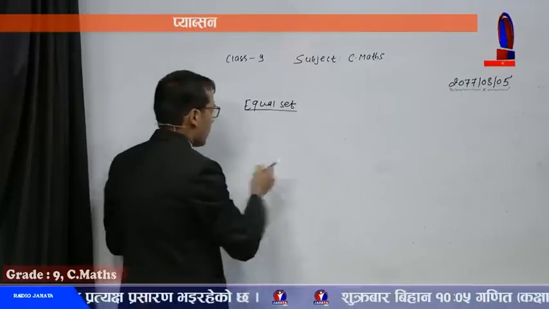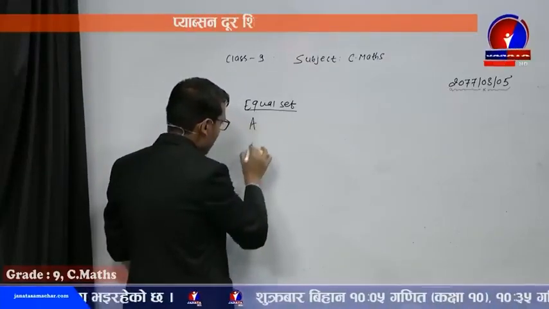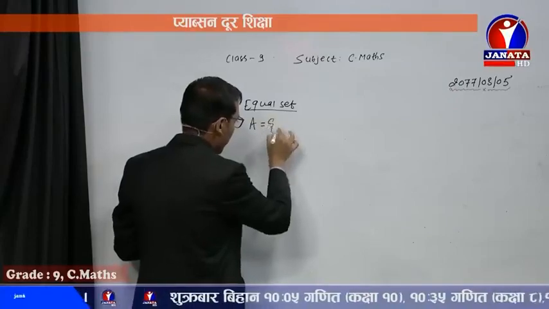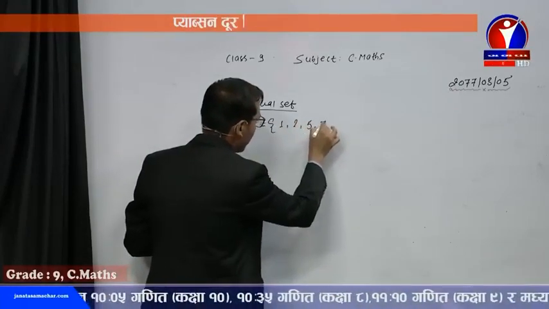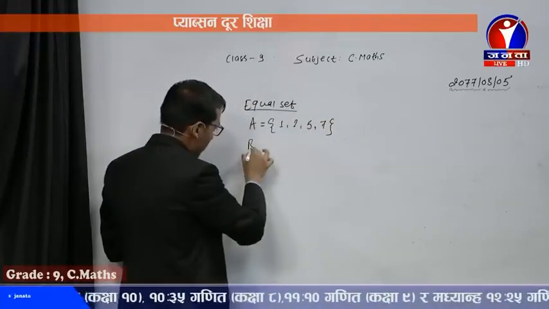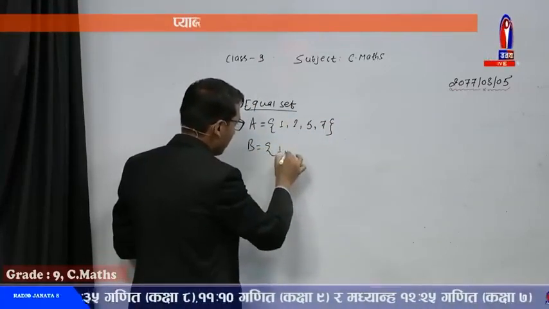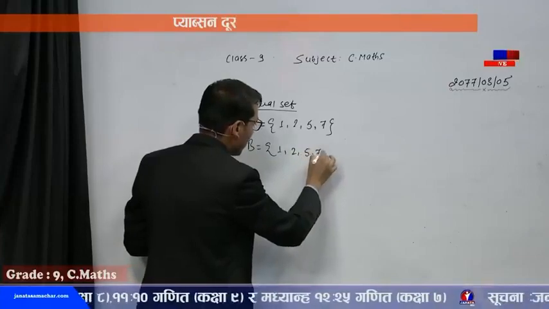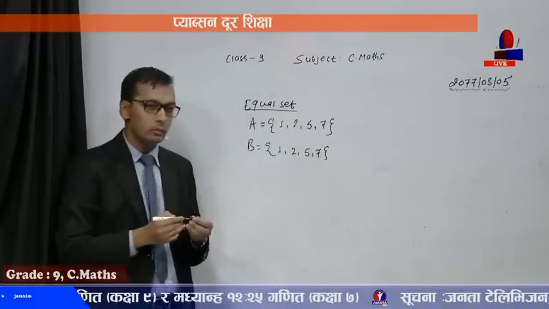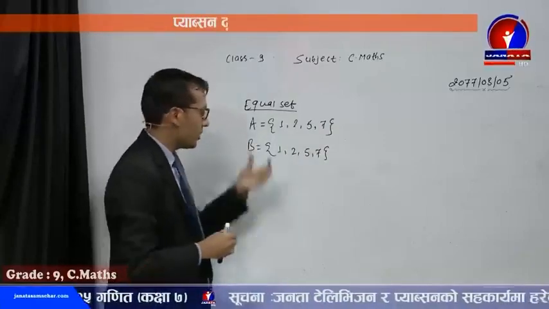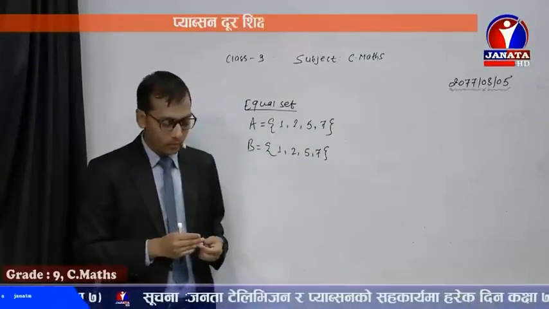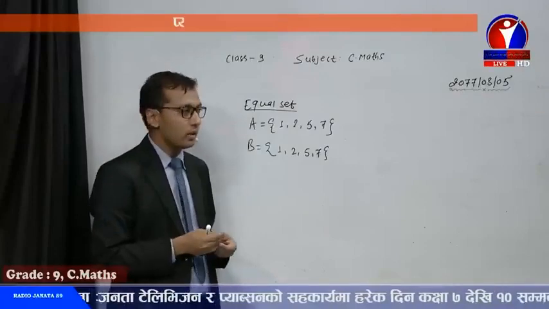So what are equal sets? Let me take two sets here. A is 1, 2, 5 and 7. Set B is also 1, 2, 5 and 7. Can you guess why I'm taking two sets with the same elements?